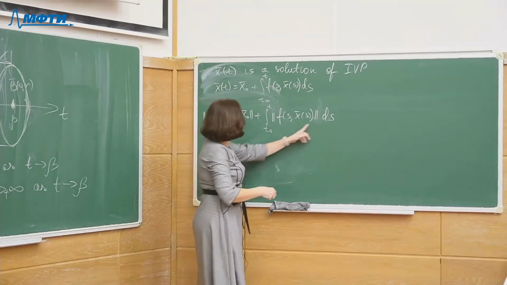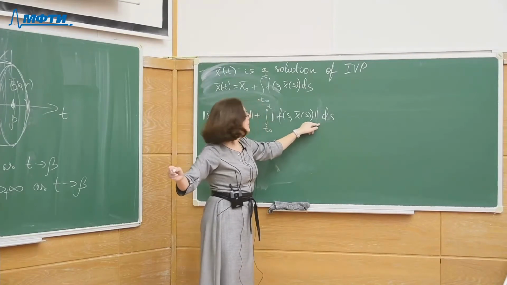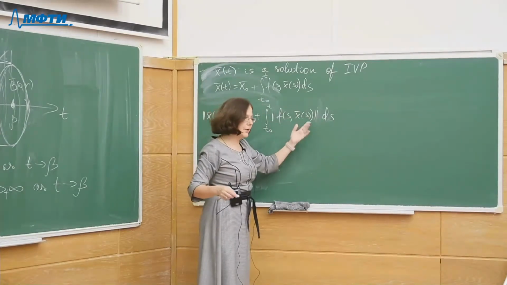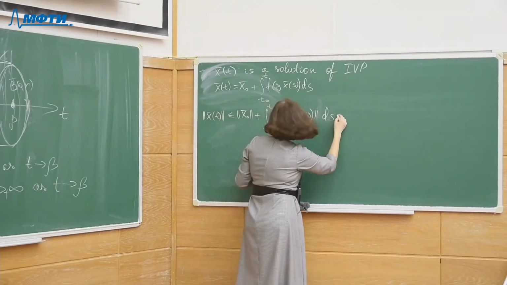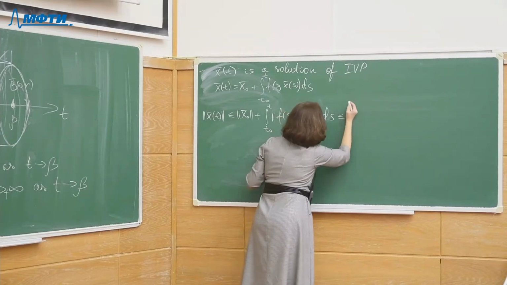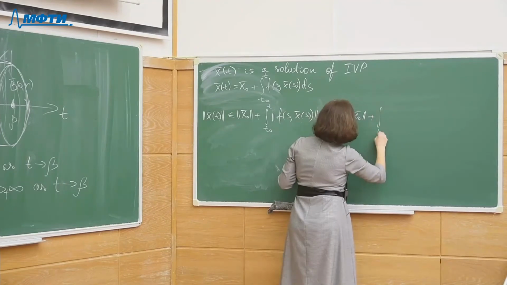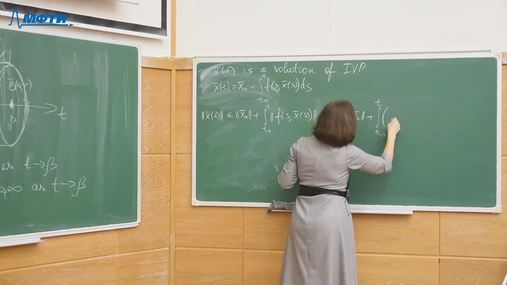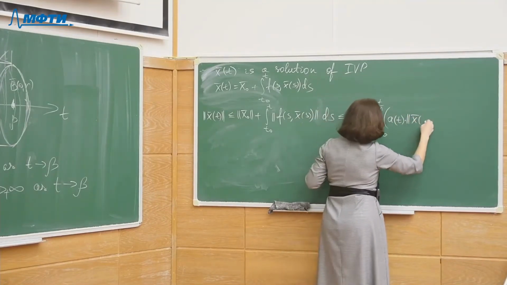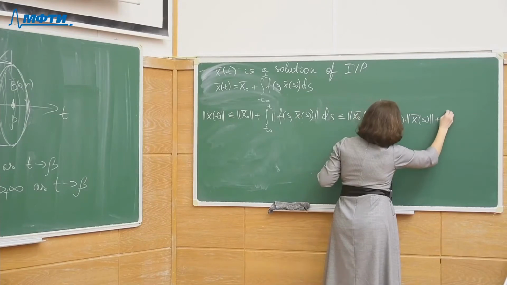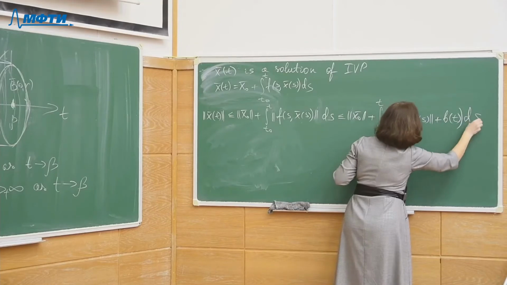But we're given that this norm doesn't exceed a of t times the norm of x plus b of t. So we're given that this is bounded by the norm of x0 plus the integral from t0 to t of a of t times the norm of x plus b of t ds.